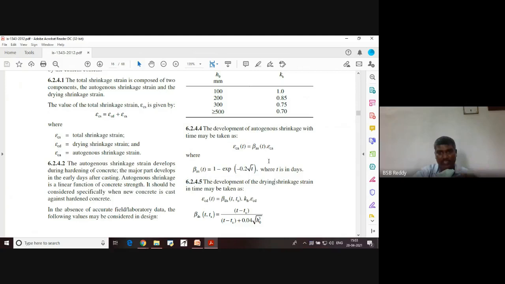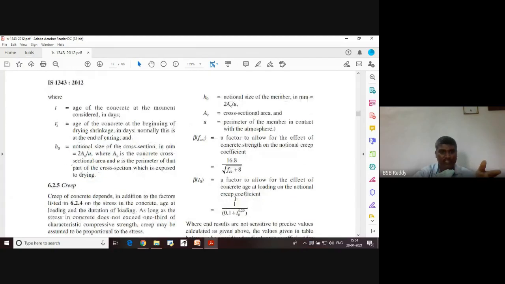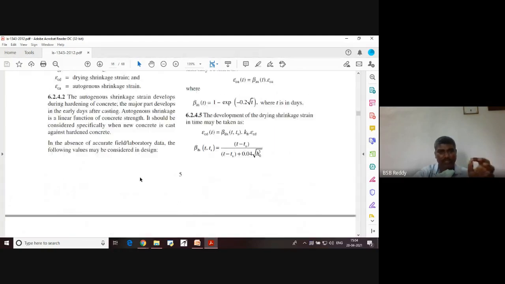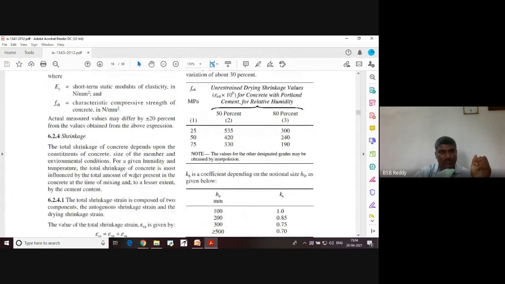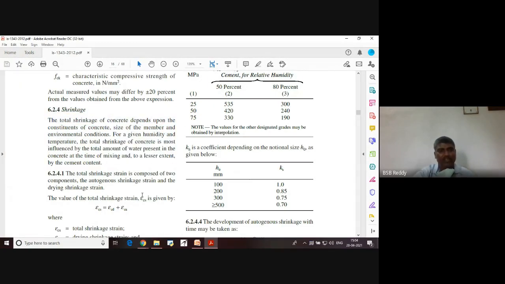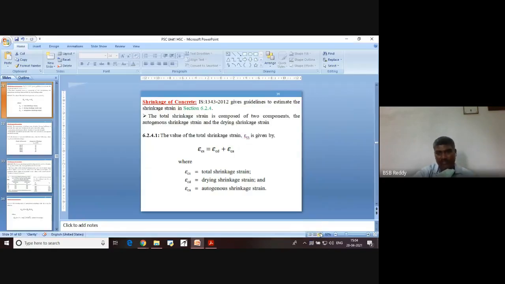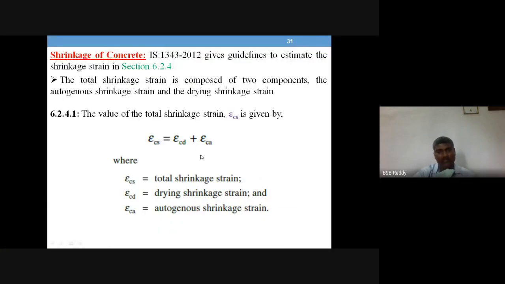Similarly, drying shrinkage after a particular number of days, or after 6 months or after 1 year. So a detailed estimate is given in terms of formulas. Complete clause 6.2.4 talks about how to estimate shrinkage: what shrinkage is, and what factors influence it. All that information is available in 6.2.4, which I'll present to you now. Just open your IS codes and follow the IS code.